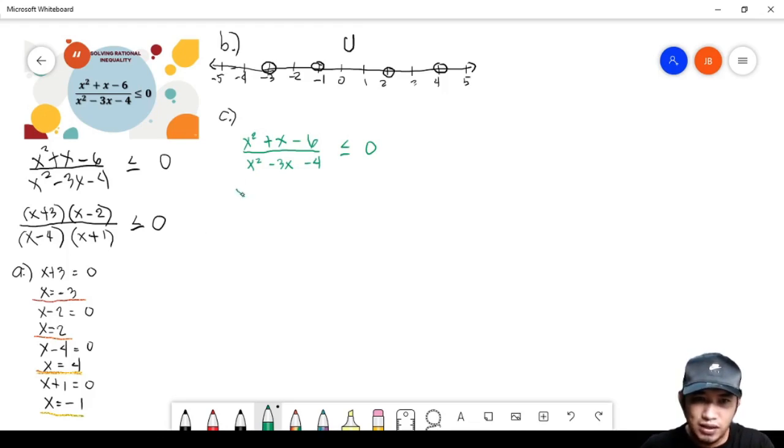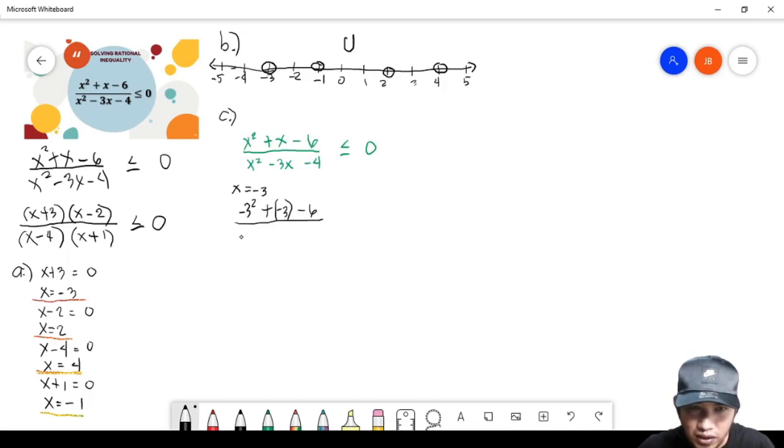That is, balikan natin kulay. Okay, ano yung una? X is equal to negative 3. Okay? So, palitan natin si x ng negative 3. Negative 3 squared plus negative 3 minus 6 all over negative 3 squared minus 3 times negative 3 minus 4 is less than or equal to 0.